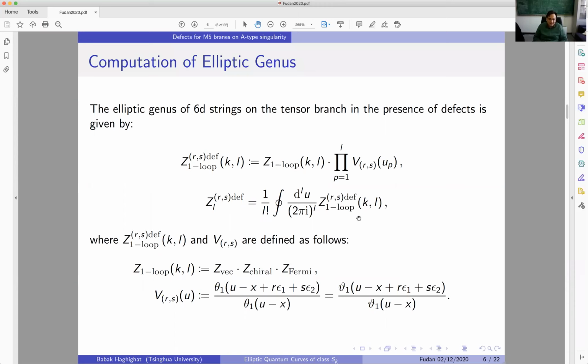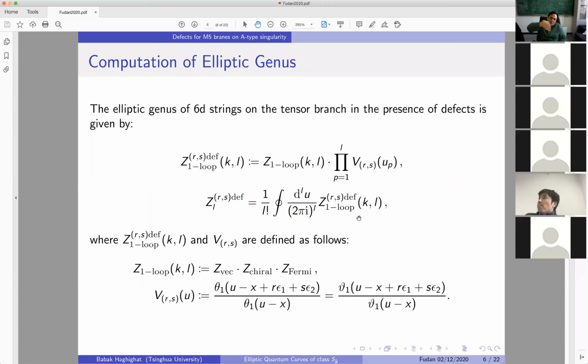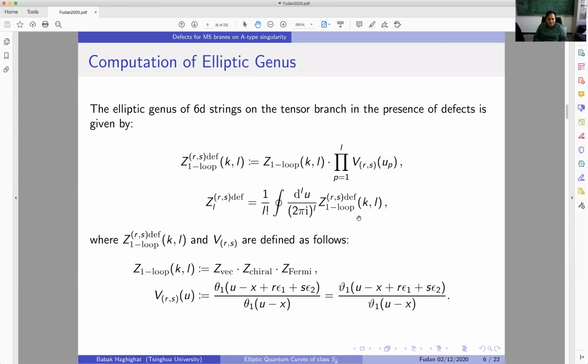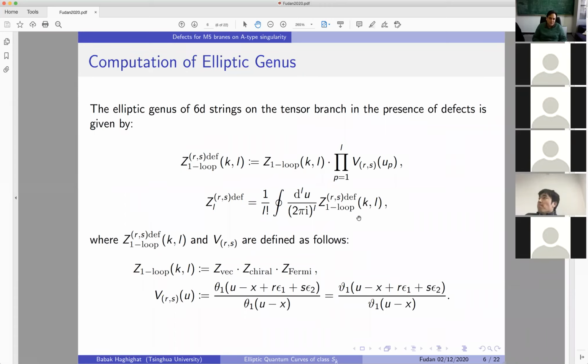It's not point-like there. Of course, in the mirror description, as I said, this defect becomes a Lagrangian brane, which is point-like on that. So in that sense, yeah, you're right. If you think about it from the point of view of the mirror geometry, this is exactly such an operator. Okay, thanks. It's point-like on this Riemann surface. Yeah.